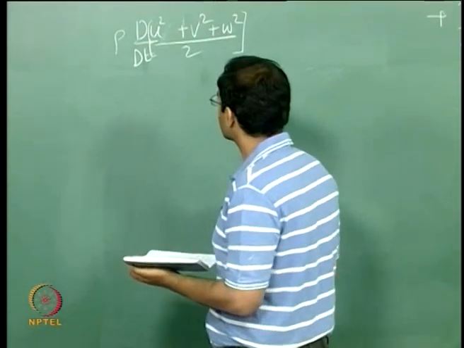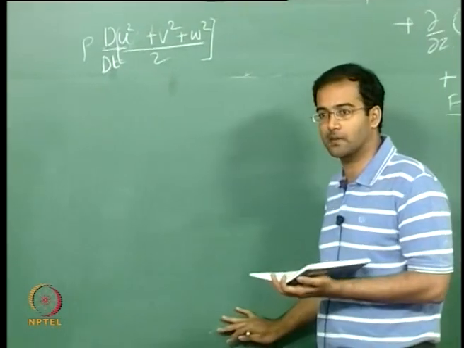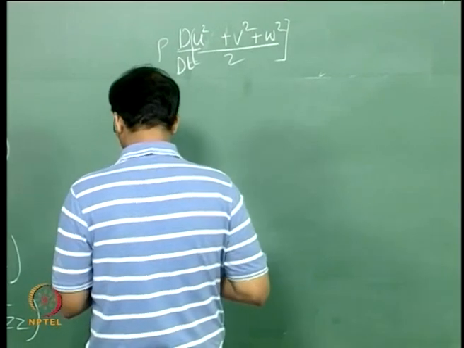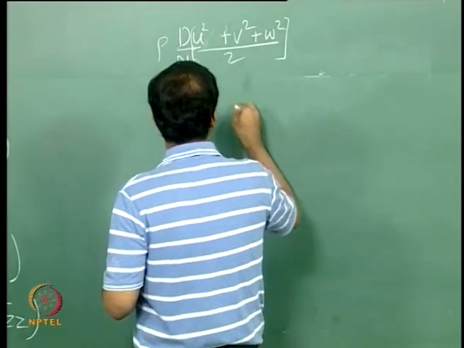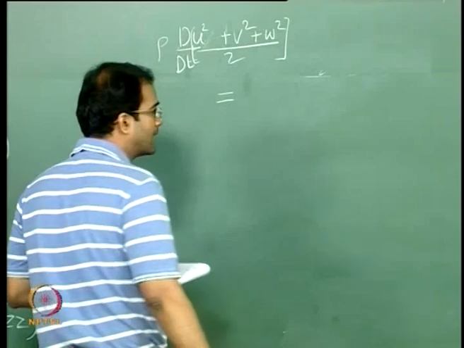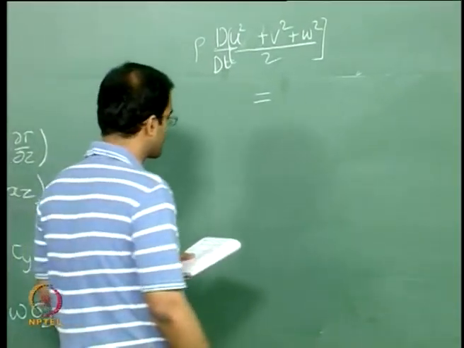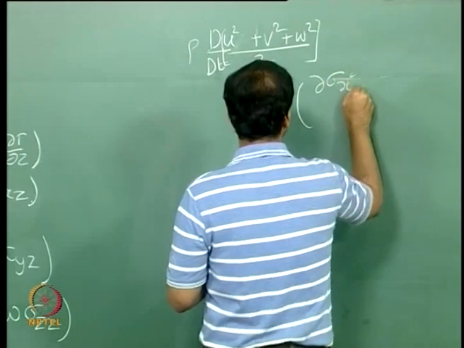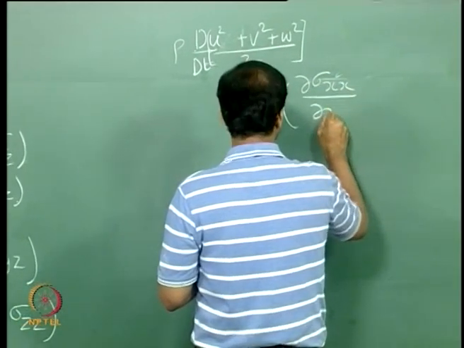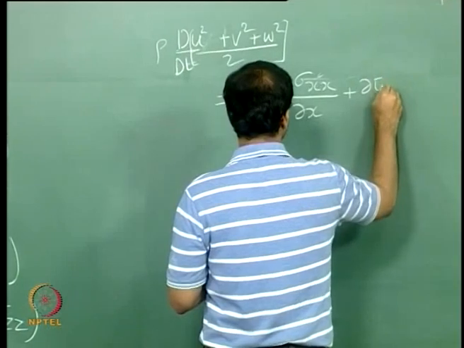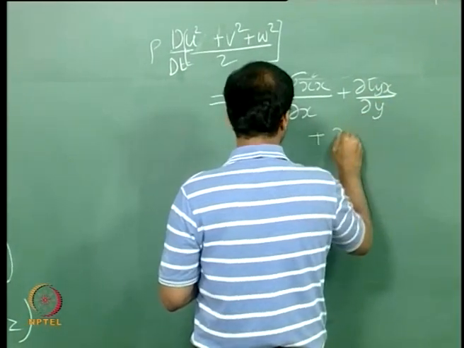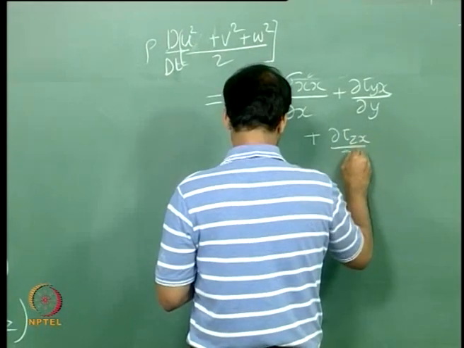Now we also have something on the right hand side. Of course, when we subtract, we have to subtract both sides. On the right hand side terms, can you just go back to your momentum equation and multiply and tell me? So you have u into d sigma xx by dx plus d tau yx by dy plus d tau zx by dz.